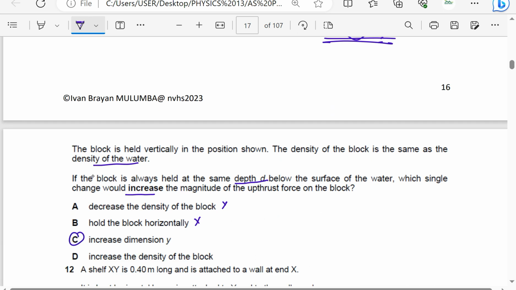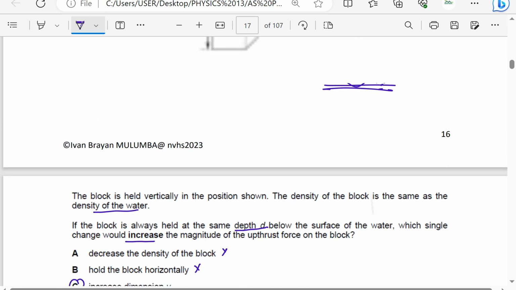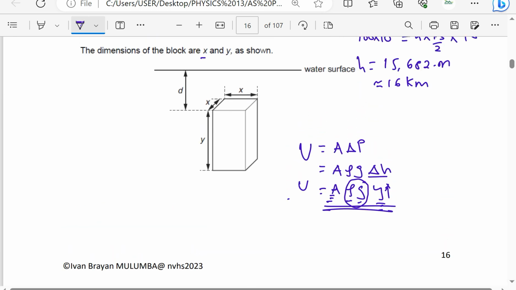Increase the density of the block. If we increase the density of the block, it will not be the same as the density of the water; it will actually be higher. But increasing the density will affect the volume and the mass, and therefore the cross-sectional area is most likely going to change.